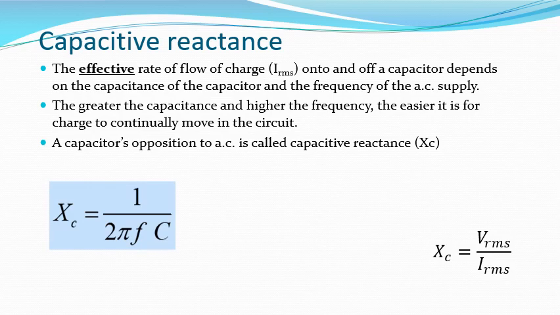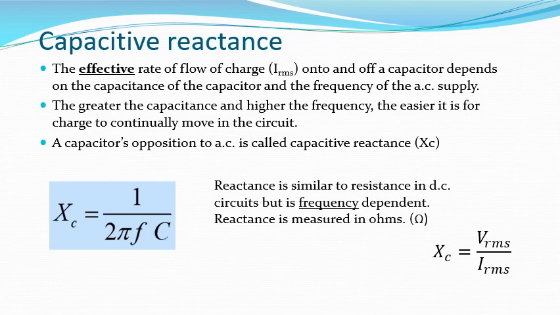And we have our relationships, the one with the frequency and the capacitance in it, and the one with the RMS voltage and currents. Okay, so reactance is similar to resistance in DC circuits, but it's frequency dependent. Both resistance and reactance are measured in ohms.